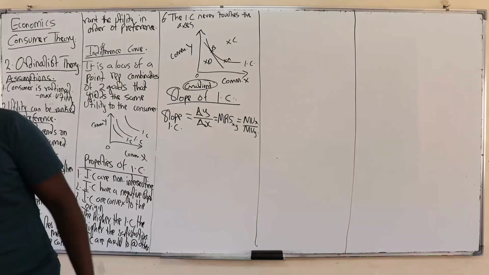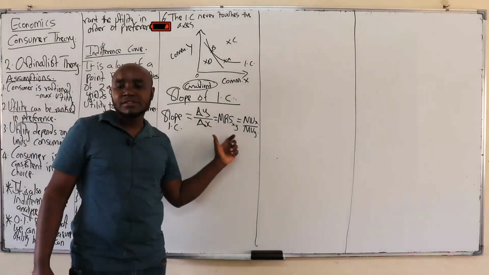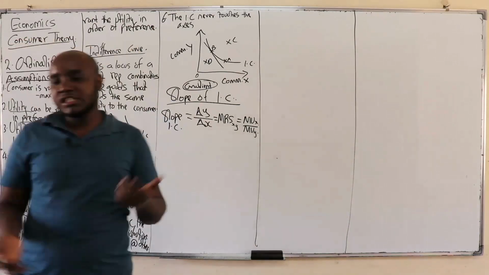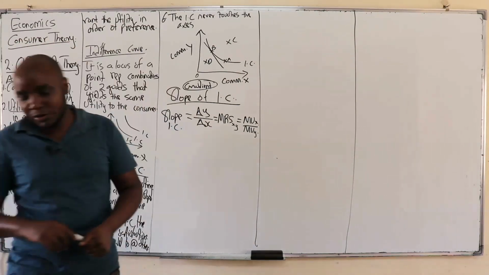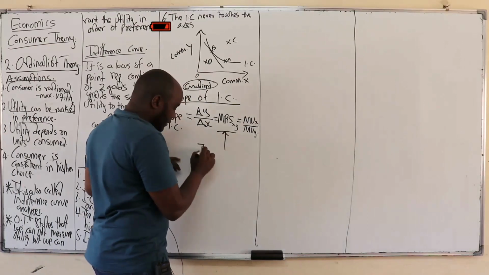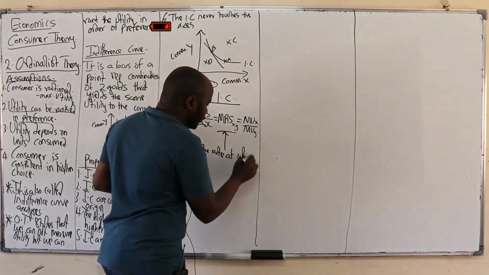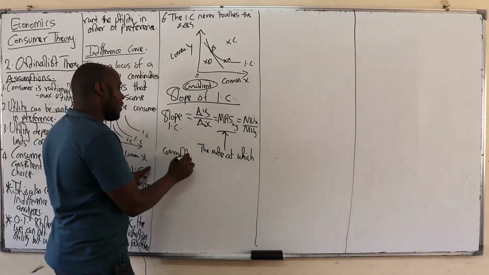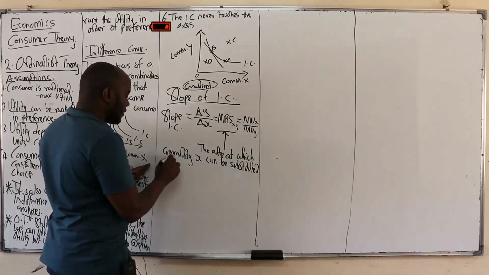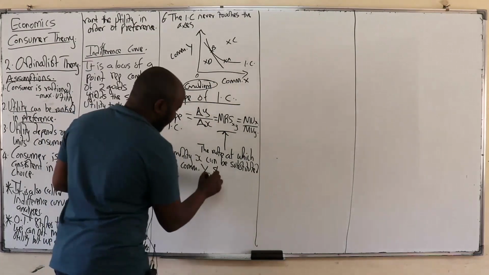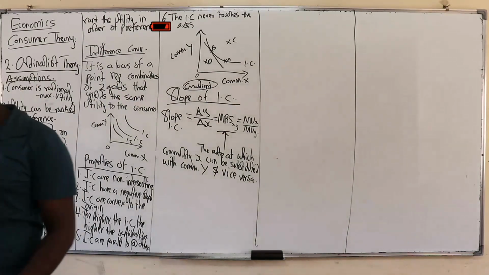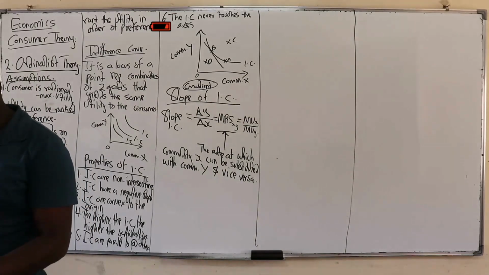The marginal rate of substitution shows the rate at which commodity X can be substituted with commodity Y, and vice versa. That's all about the slope.